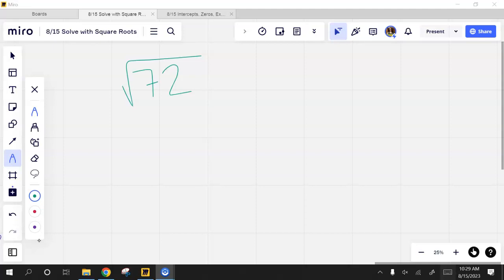All right, what's the perfect square that you use? I heard 9 and 8. I heard 36 and 2. Okay, so this is a great opportunity for me to show you what happens if you don't pick the biggest.